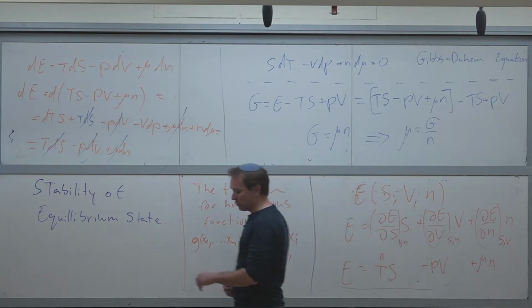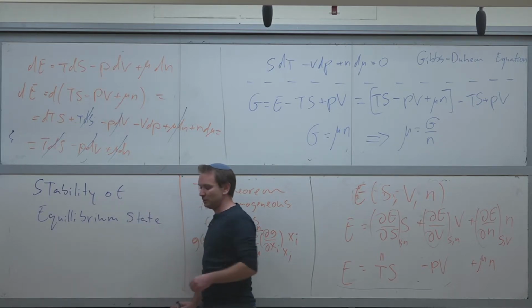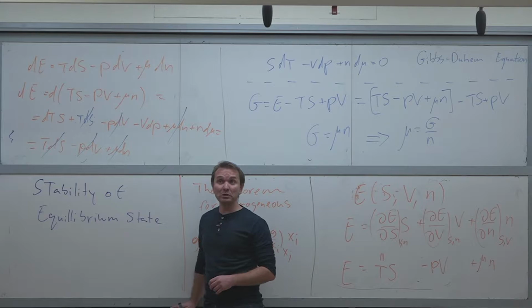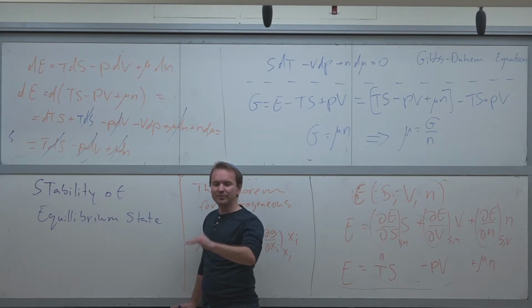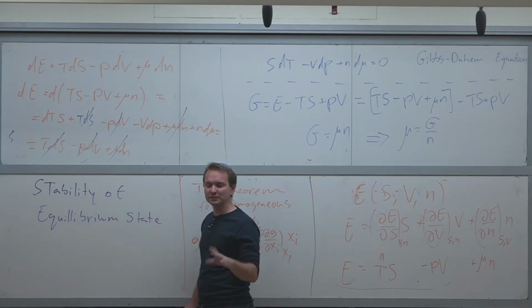We know how the energy in one equilibrium state is related to the energy of another equilibrium state. We know that after a while, if the system is left alone, it will reach equilibrium. This is our physical assumption.